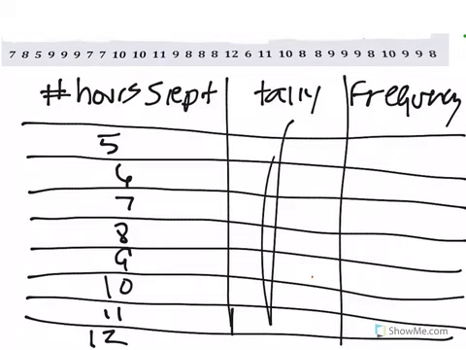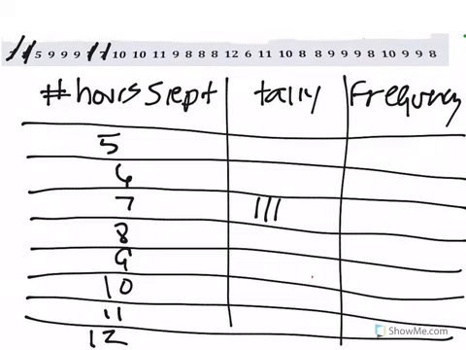And then we're going to tally them in this column based on how many there are. For 7, I have 1, 2, 3. For 8, we have 1, 2, 3, 4, 5, 6, 7, 8. For 5, it looks like there's just 1.